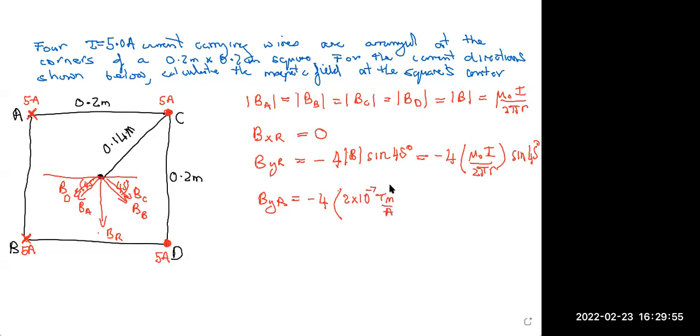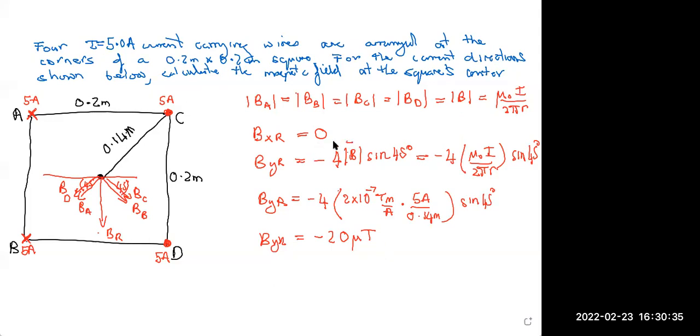That's the constant. Then we multiply that by the current, which is 5 amps in each wire, divided by the distance from the wire, which is 0.14 meters. And then we multiply that by sine of 45 degrees. If you put all those numbers into your calculator, you get a resulting magnetic field that is 20 microTeslas in strength. So that's the y component of the field.